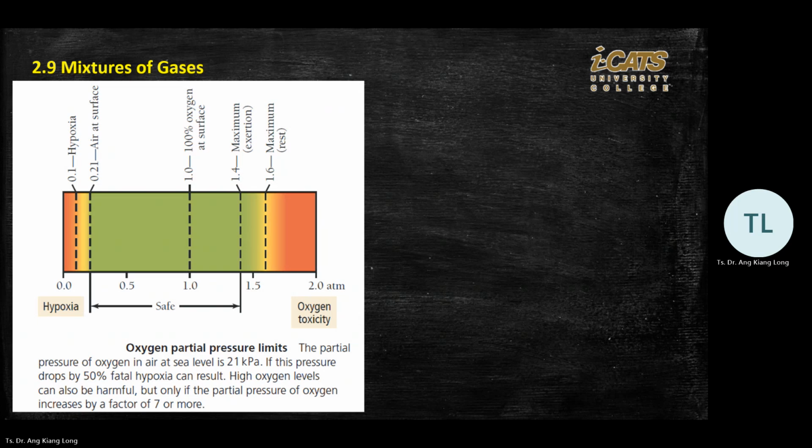So if the oxygen content is more than half, you need to rest already. It means you'll go into oxygen toxicity. If you go to a high mountain, your oxygen will become less and less. Less than 0.1, you are having hypoxia.